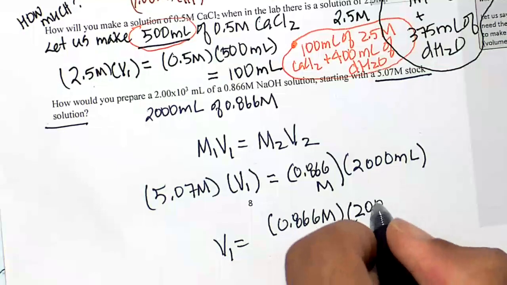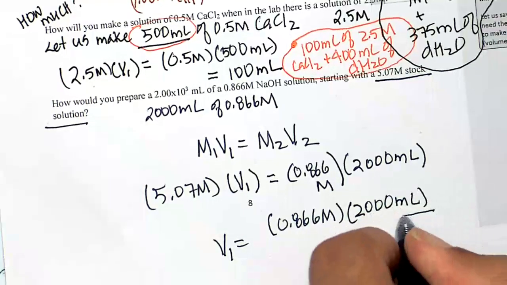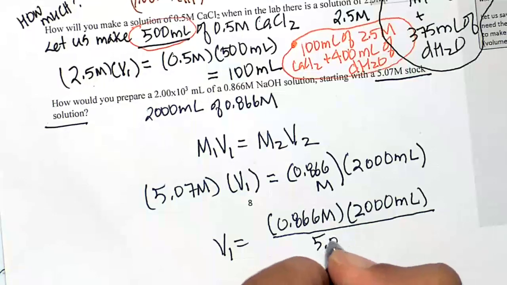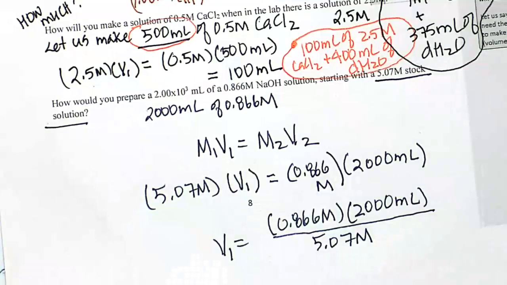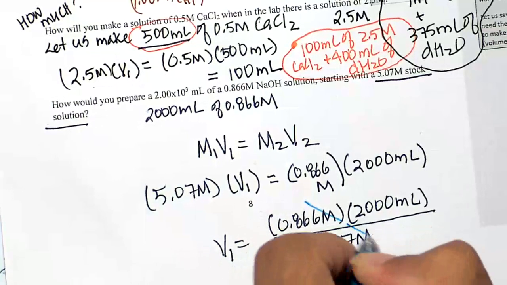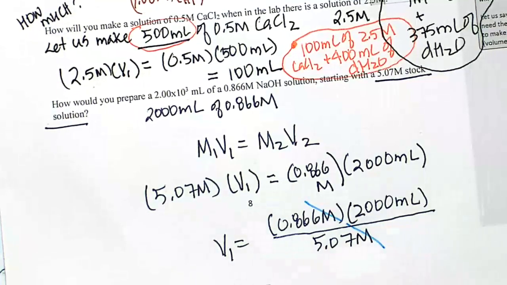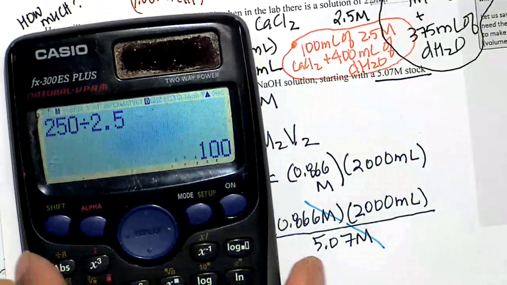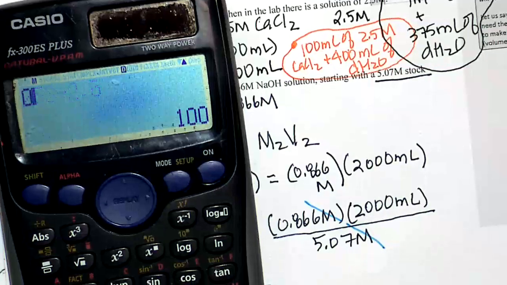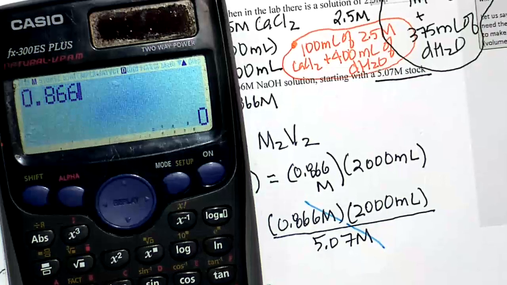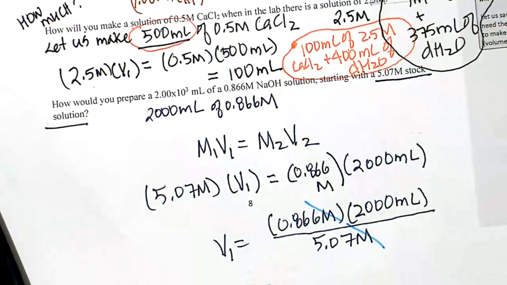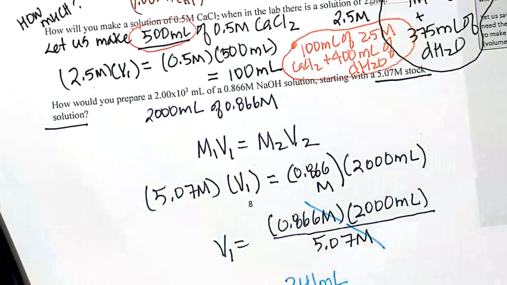So 0.866 molar times 2,000 mLs divided by 5.07 big M. Okay, big M cancels out. What do you guys get when you do this on your calculator? 341. All right, thank you. 341 mLs.